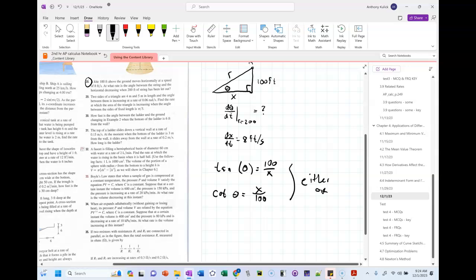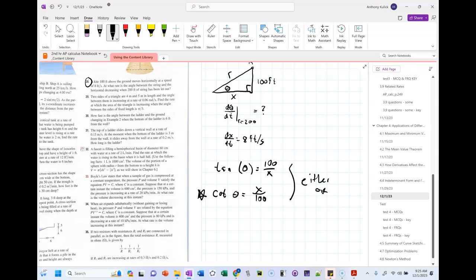Okay, so let's say we do this one. If I differentiate both sides, what's the derivative of cotangent theta with respect to time? You mean negative cosecant squared d theta dt. And then what is the derivative of the other side?